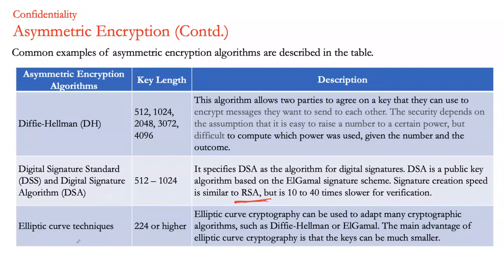And the third one is elliptic curve techniques. These cryptographies are used to adopt many cryptographic algorithms such as Diffie-Hellman and DSS or Elgamal. The asymmetric encryption methods are used.